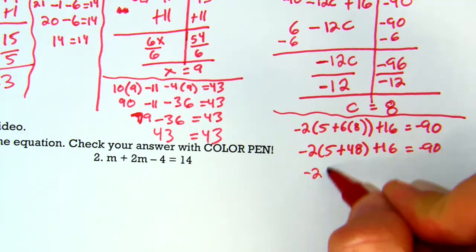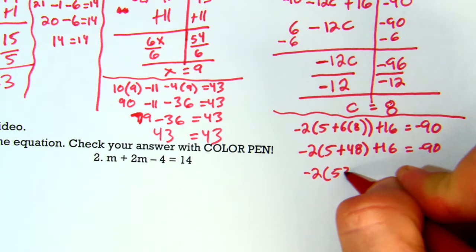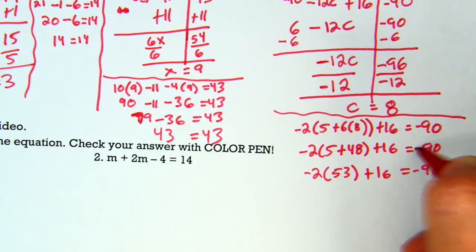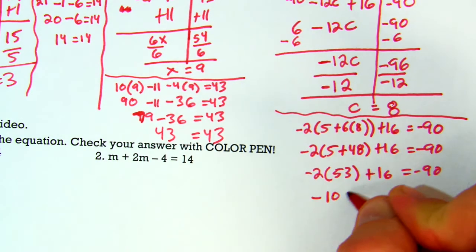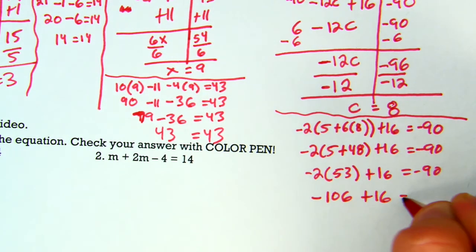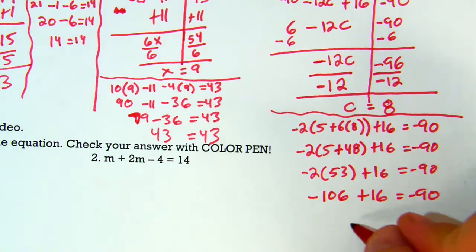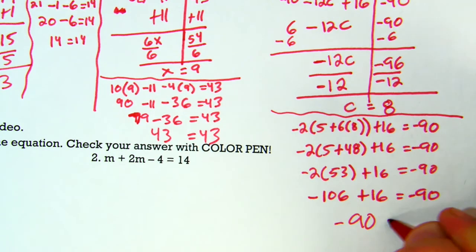And do negative 2. And then add 5 to my 48, which would be 53. Negative 2 times 53 is a negative 106. And then negative 106 plus 16 is, when I subtract the 2, I get 90, and the negative has a larger value, so it is a negative answer, negative 90.